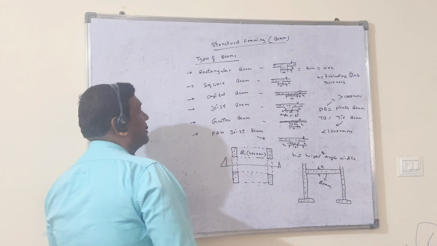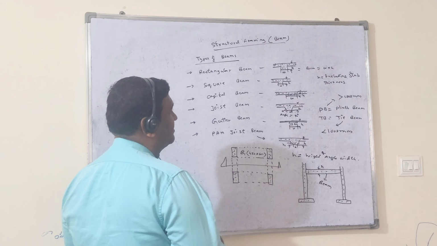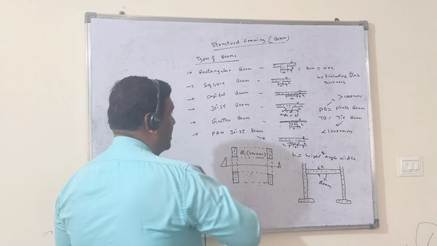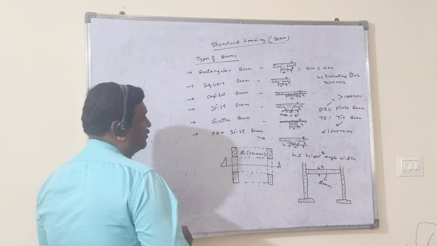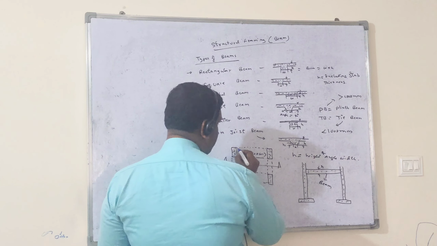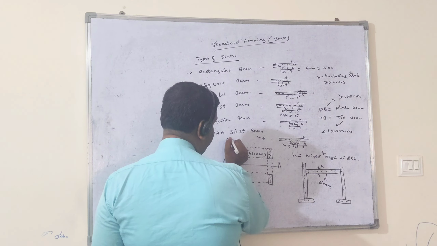Okay, so now in our Revit projects, our BIM projects, how will we place this beam? There is an icon in Structure, and you have to click Beam. Whenever you place a beam, always remember, the first end we call the start end.